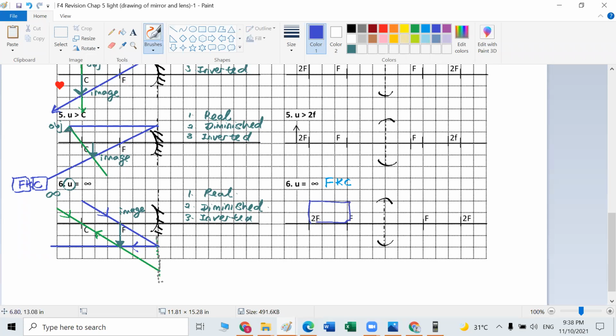I draw the line. Okay, F, then K. K means parallel. All right, then center. I use the 6 grids here. I draw the line passing through the center.